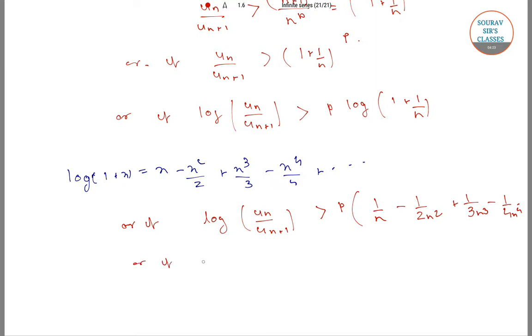Or if n log un by un plus 1 is greater than p into 1 minus 1 by 2n plus 1 by 3n square minus 1 by 4n cube plus so on.